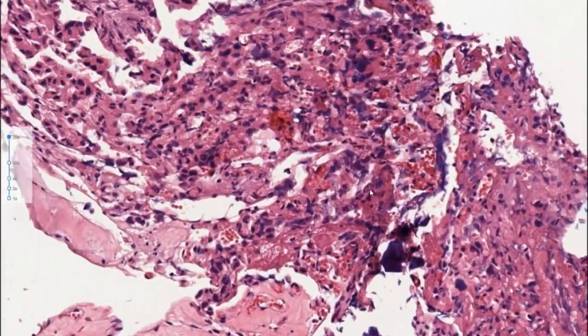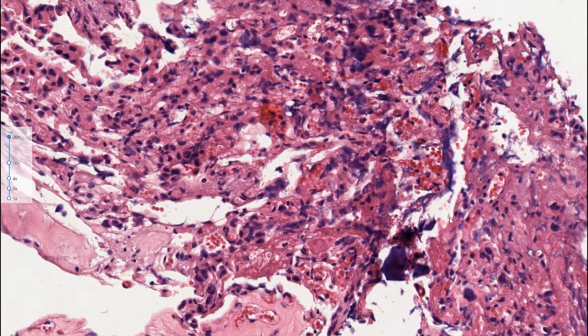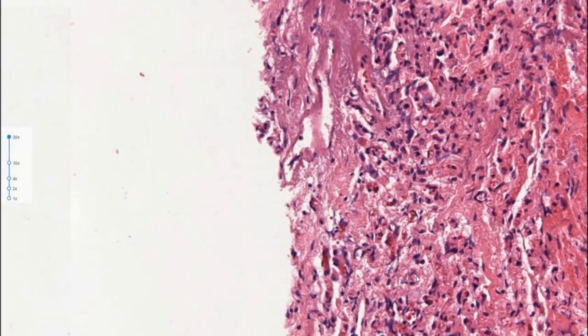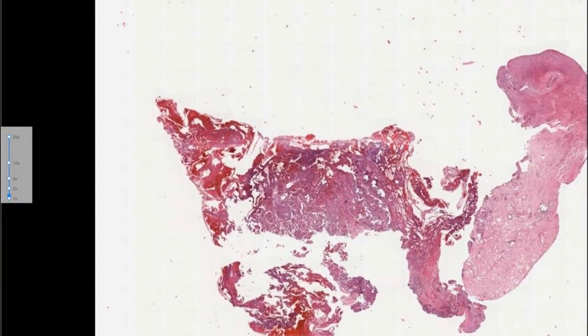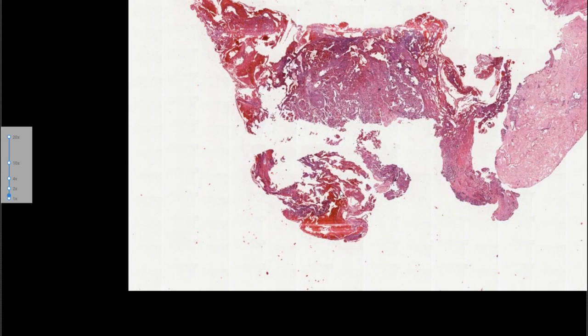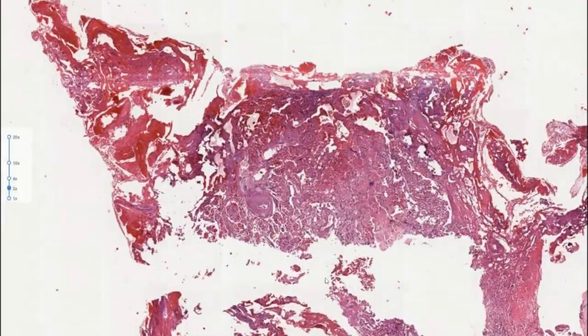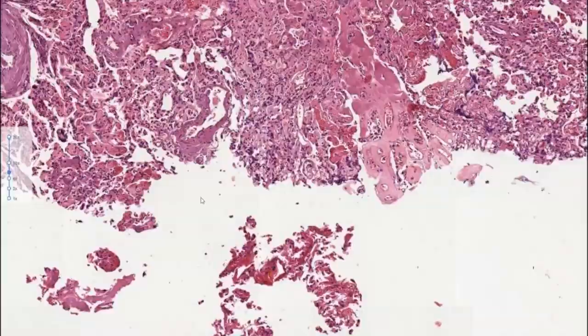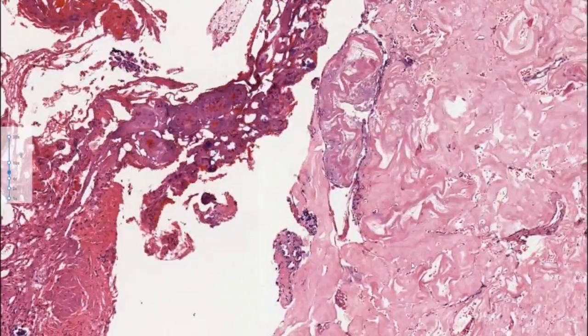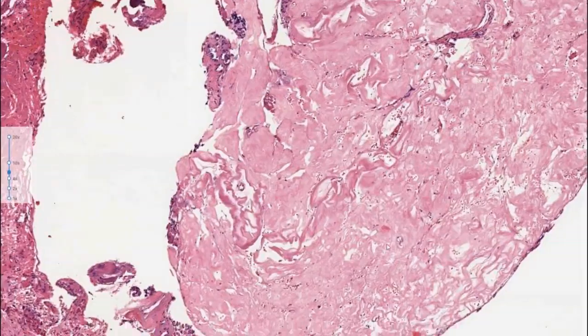Some hyalinized vessels, which go well with chronicity. More hyalinization here.